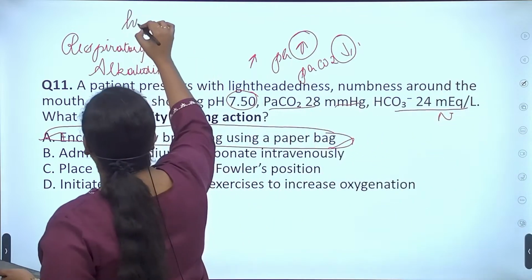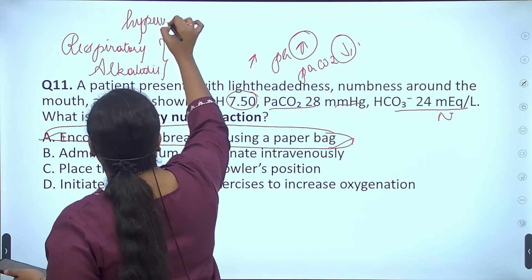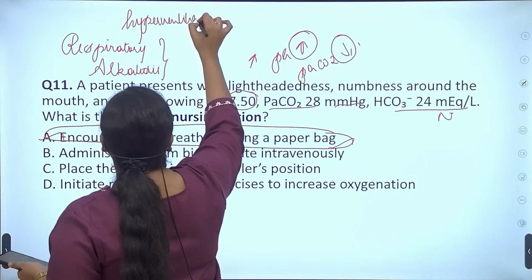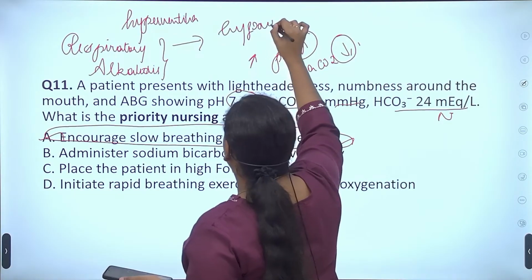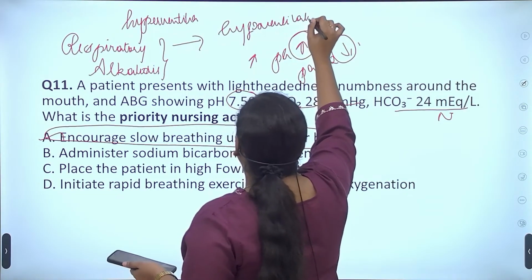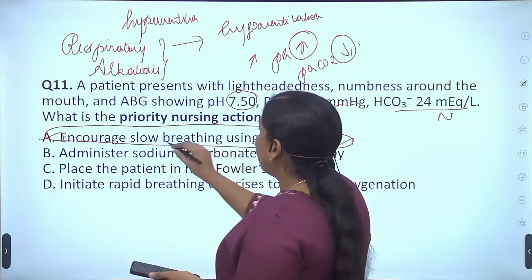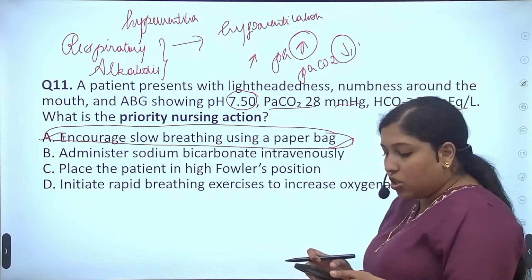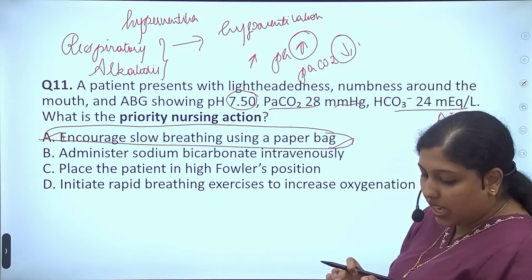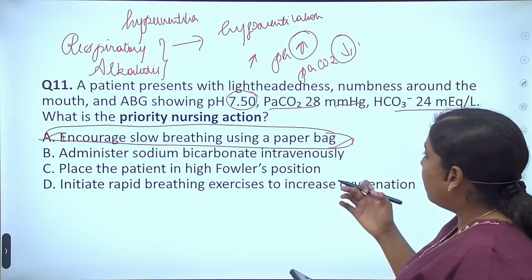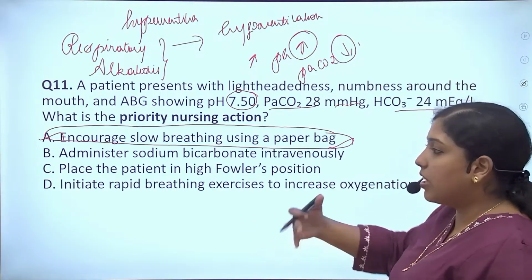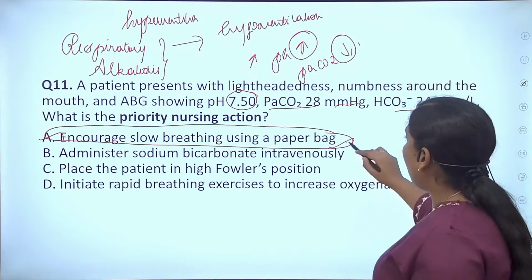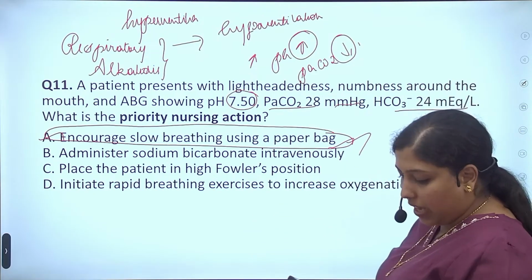So here you have to promote hypoventilation to recover from this condition, right? That's why you are instructing the patient to breathe inside the paper bag, so that he will re-inhale the CO2 in more amount and recover from the symptoms. So encourage slow breathing with the paper bag is the correct answer.